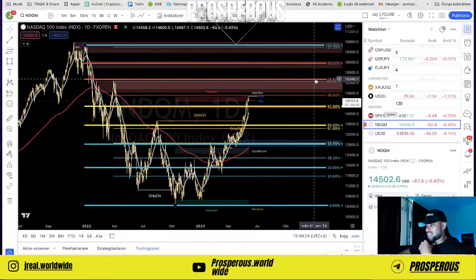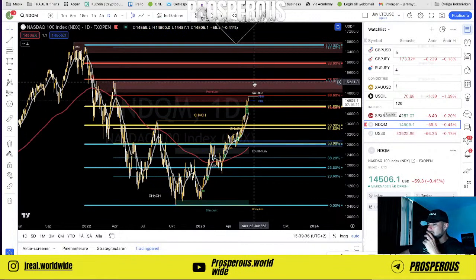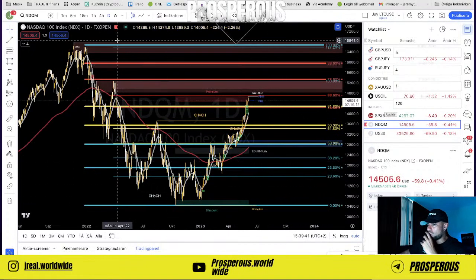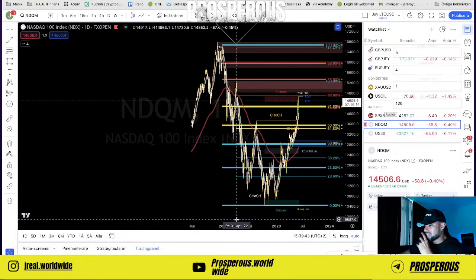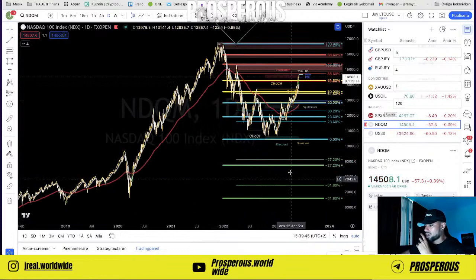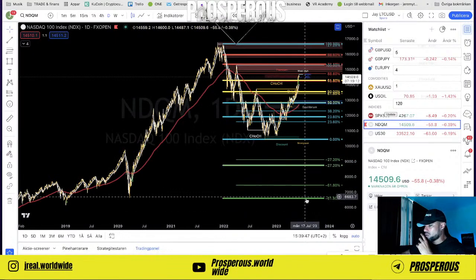We have the 78.6. We have the order block from this high here, and we have this high here. So to retest, I think this is a very, very attractive zone for NAS to come up to. And from there, go all the way down. And when I'm saying down, I mean we're going to drop hard. I think we're coming maybe around here or even down here. This is what I'm seeing for it.